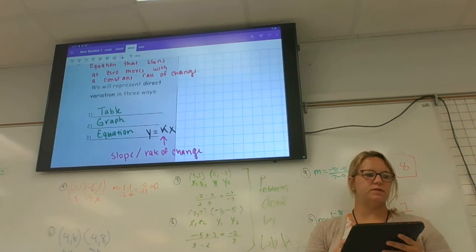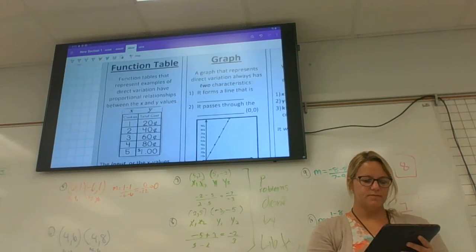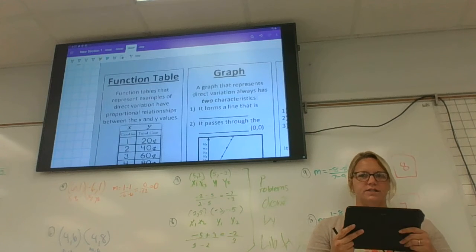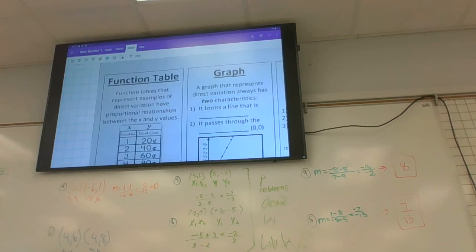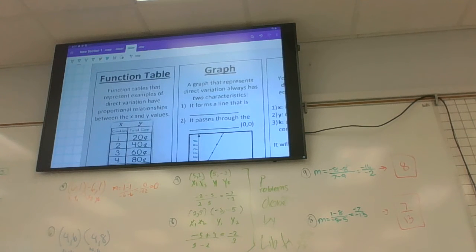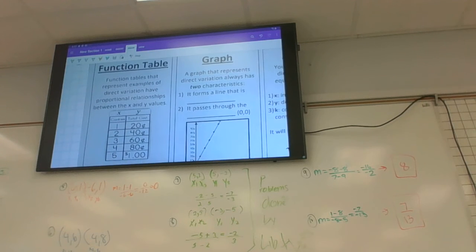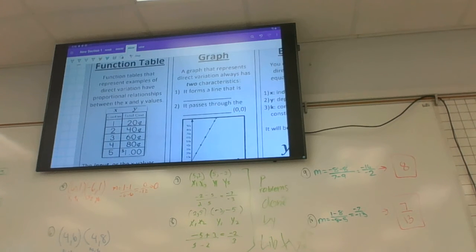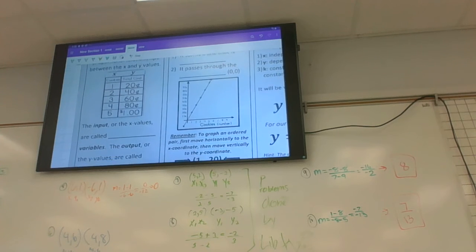All right, let's head to the table. Function table. Alright, look at this function table.